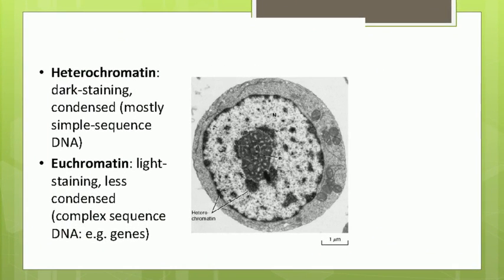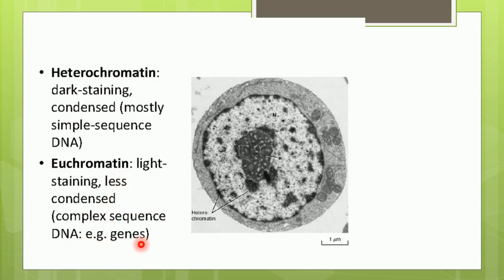Yes, so let us again understand the difference between heterochromatin and euchromatin. Heterochromatin means the highly condensed region of the DNA. If you stain it, it will stain darkly. Okay, so it is mostly the simple sequence of the DNA. On the other hand, euchromatin is the less condensed region of the DNA. It is also called a complex sequence of the DNA, like the genes.